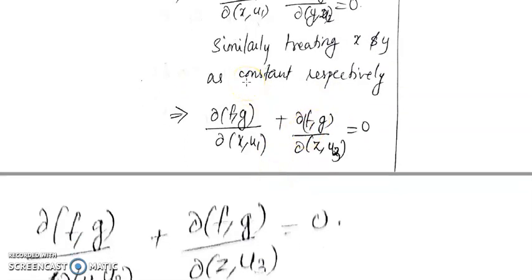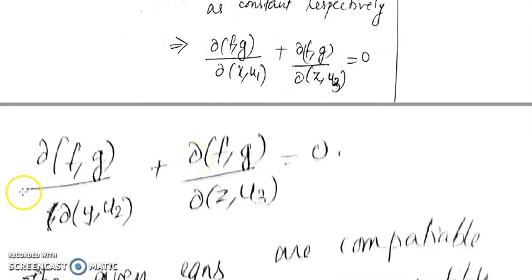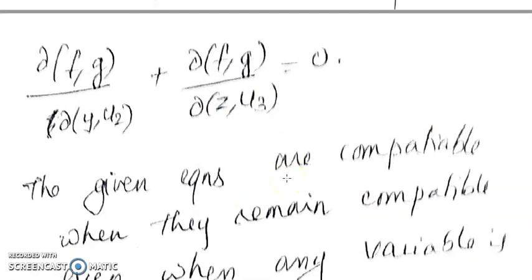So you will get the respective conditions in the form dou of fg by dou of xu1 plus dou of fg by dou of zu3 equal to 0 and dou of fg by dou of yu2 plus dou of fg by dou of zu3 equal to 0.